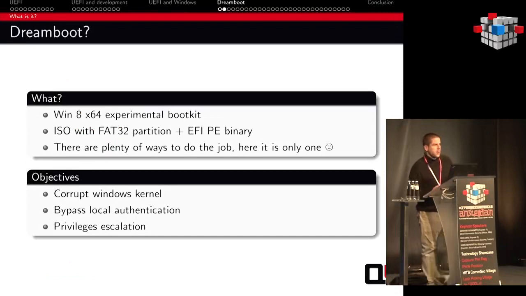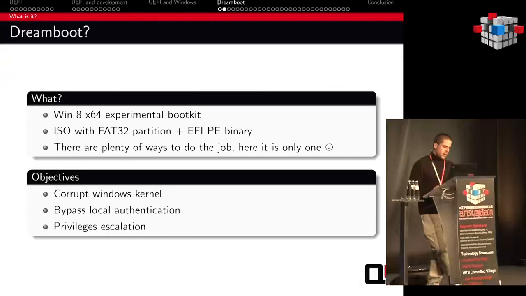So now, what about Dreambot? It's a Windows 8 bootkit. It works only for 64-bit processors. In fact, it's just a PE binary, which could be stored on an ISO, for example.